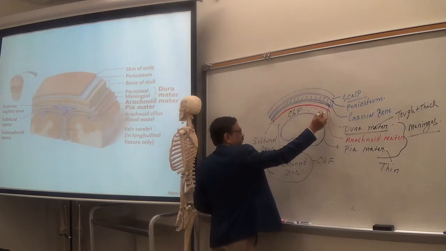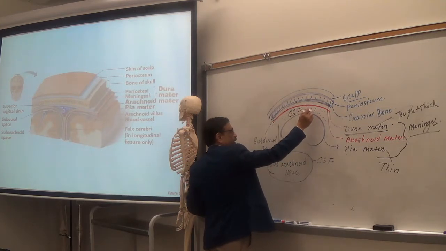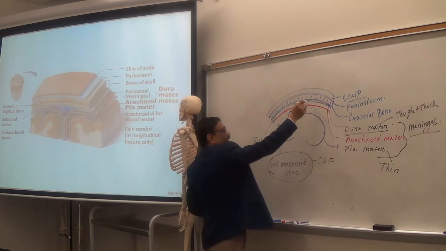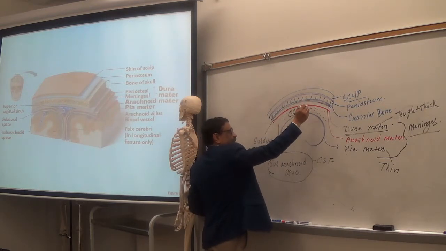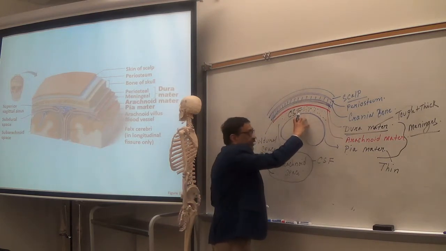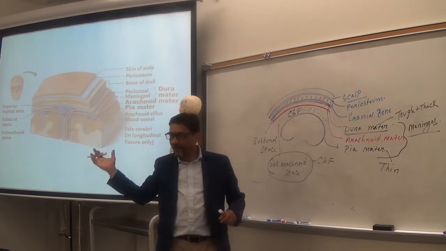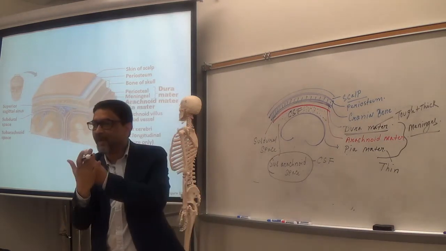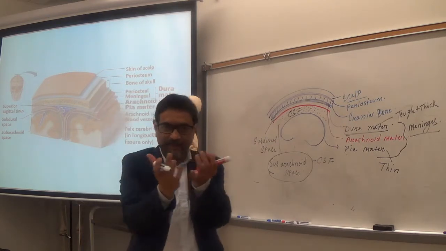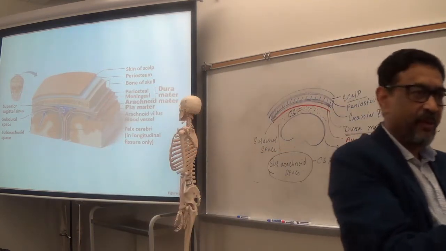That fluid plays a very important role in protecting your brain. If you didn't have the cerebrospinal fluid here, you know that bone is hard and your brain is very soft, right? So when you move your head, it would hit the skull. Make sense? But that fluid around the brain is protecting your brain.